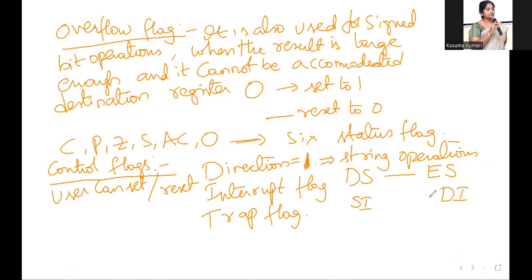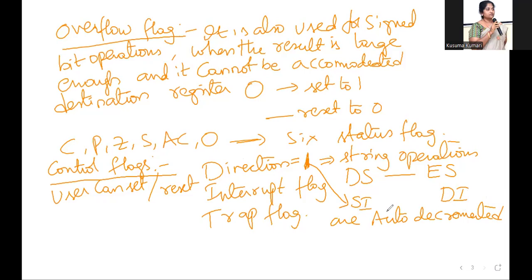Now, if the direction flag is equal to 1, then the source index register contents and destination index register contents are auto decremented.